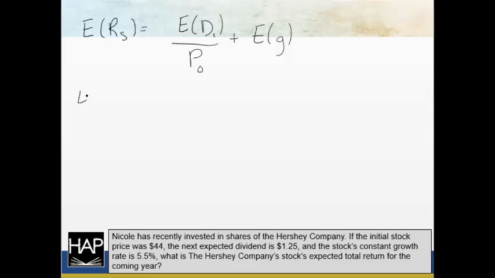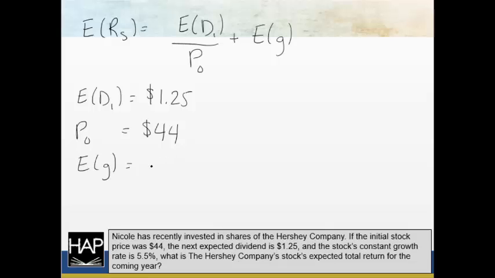In this case, the next expected dividend payment is $1.25. The current price of the stock was $44, and the expected growth rate is 5.5%.